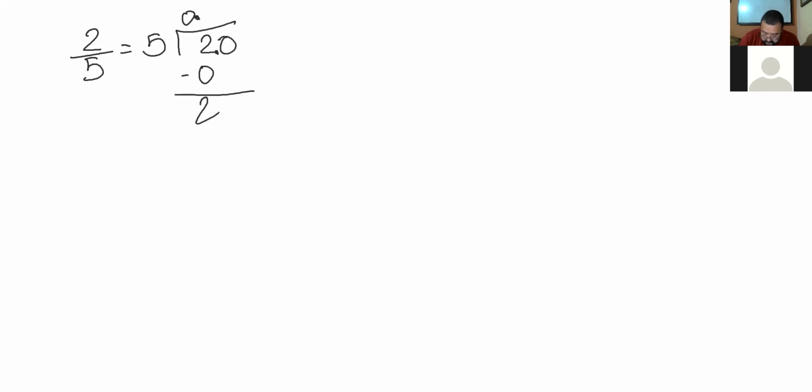We drop the 0, and we say one number in the table of 5 that equals 20. That is 4. 5 times 4, 20. And 20 minus 20, 0. How do we convert 2/5 to a decimal? Here is the answer. 0.4.